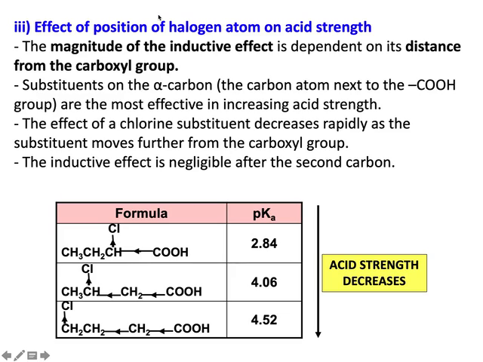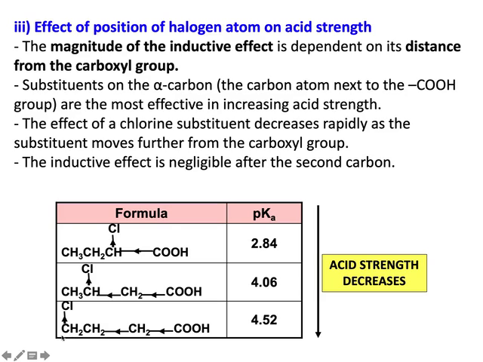So here is the effect of the position of halogen on the acidity of the carboxylic acid. Okay, we can look here at the table. As you can see from this table, it shows the position of chlorine at the alpha carbon compared to the gamma carbon.